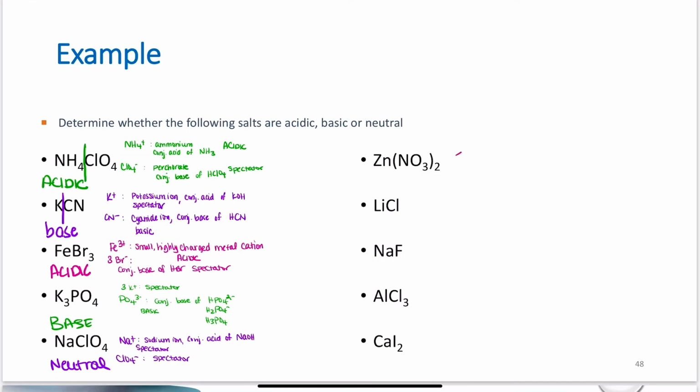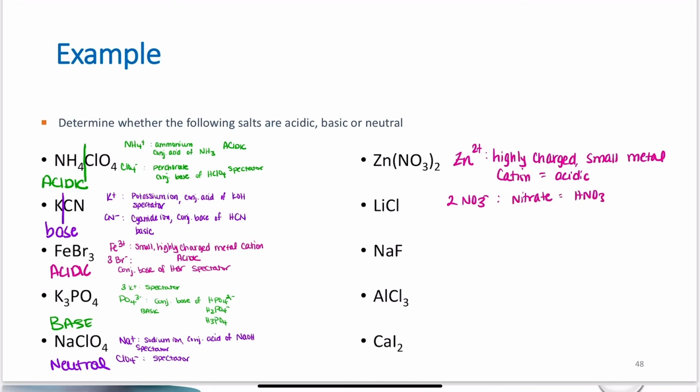Zinc nitrate, zinc 2+, highly charged, small metal cation, acidic. And 2 moles of nitrate comes from nitric acid, which is a strong acid. So it is the conjugate base of a strong acid, which means it's a spectator.